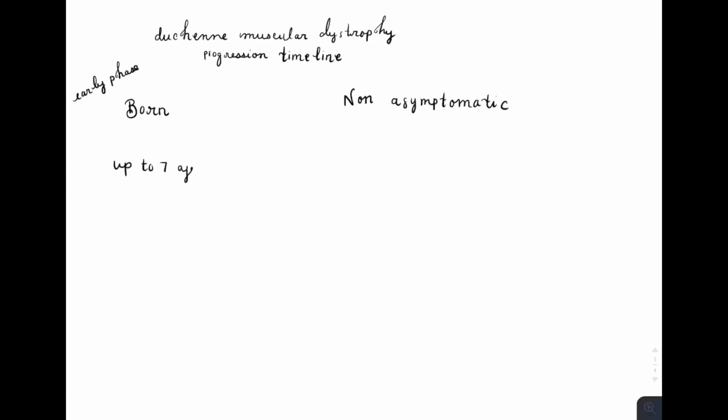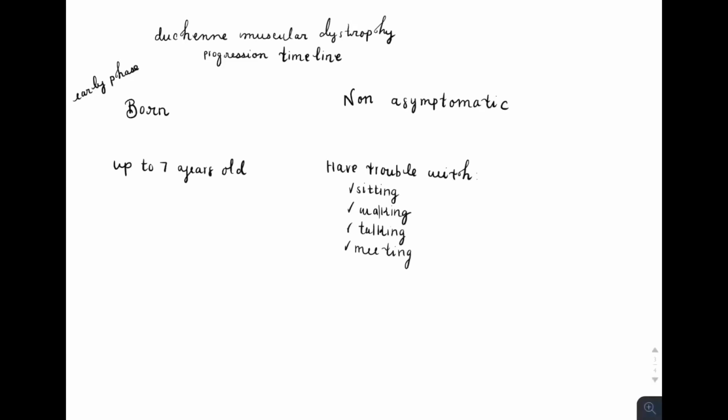During their toddler years, up to 7 years old, they start displaying these symptoms. For example, they have trouble with sitting, walking, talking. They have more trouble meeting the milestones. They experience constant fatigue and falling, which is a sign of muscle weakness.